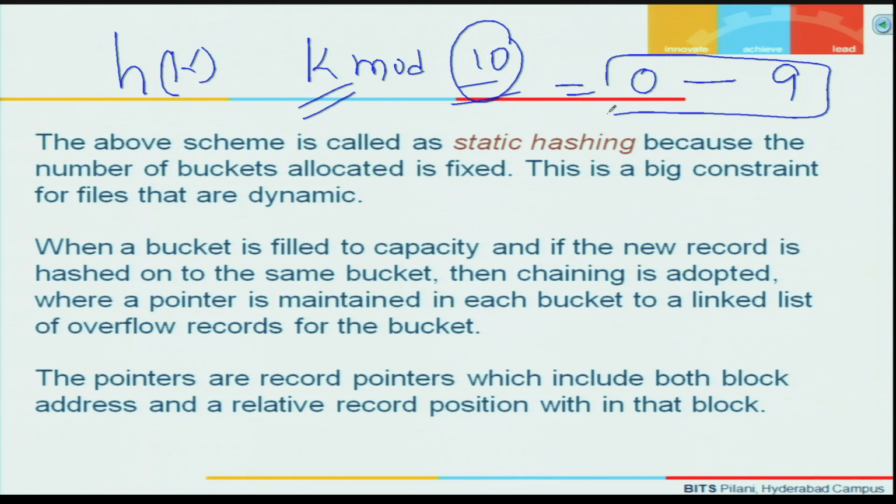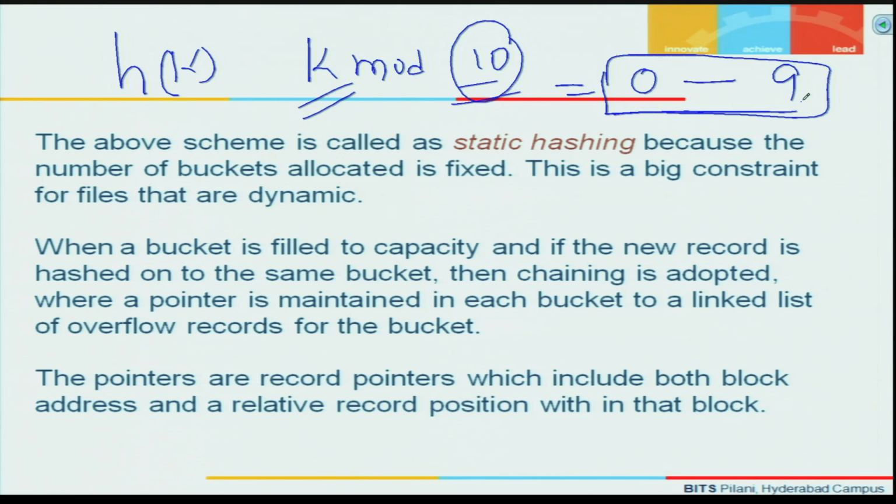It may shrink or expand. Hence the address space, the number of buckets allocated using a hash function, is always fixed. This is called the static hashing technique, and it is a big constraint for files that are dynamic in nature.